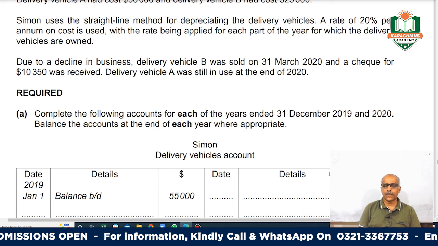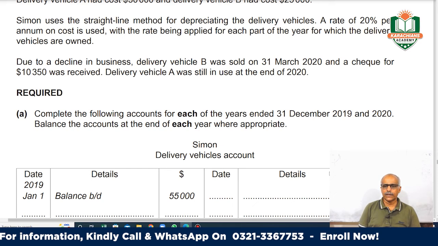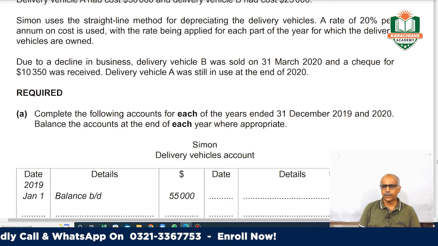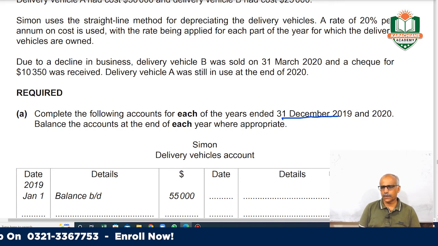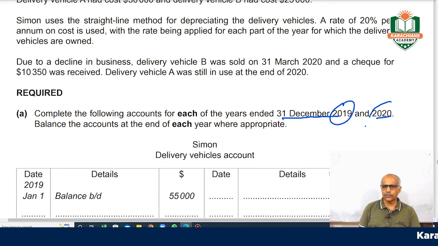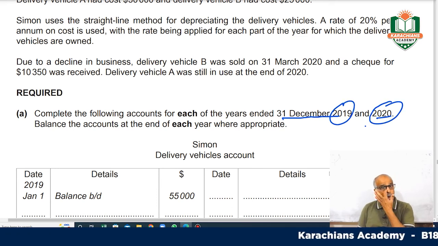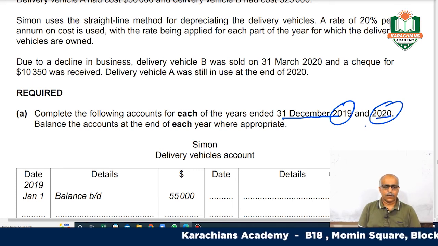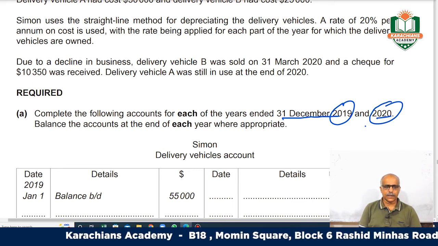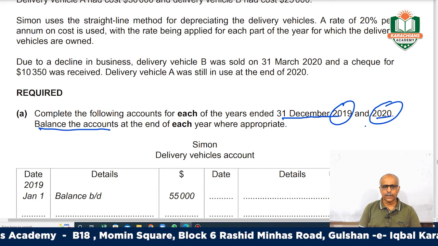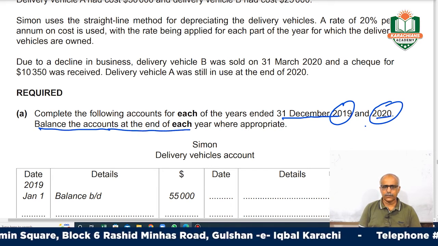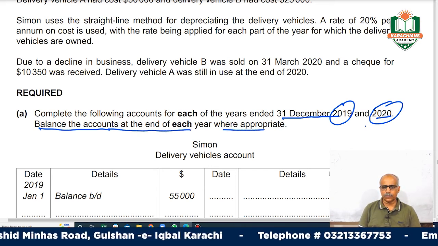Complete the following accounts for each of the years ended 31st December 2019 and 2020. You have to make accounts for 2 years, right? Balance the accounts. You have to balance at the end of each year where appropriate, right?